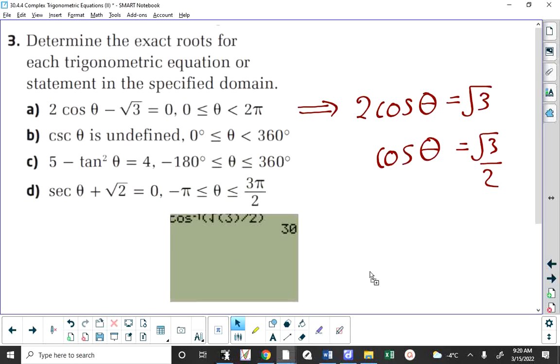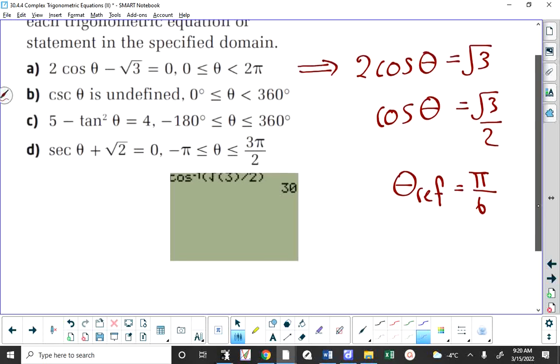But since we're talking about using radians, you're not going to use 30 degrees. I suppose you could do the whole thing in degrees and then convert them all to radians. But I think it's simpler to simply say that the reference angle, which is not our answer, is pi over 6 rads. You should know 30 degrees is pi over 6. So that's one of the first things you have to do, find the reference angle.